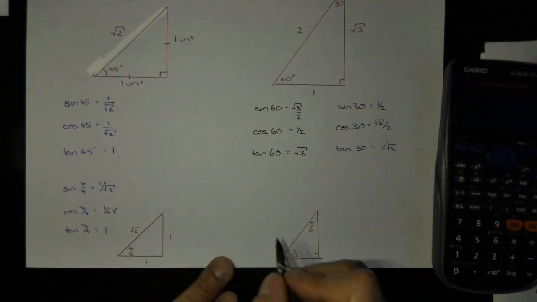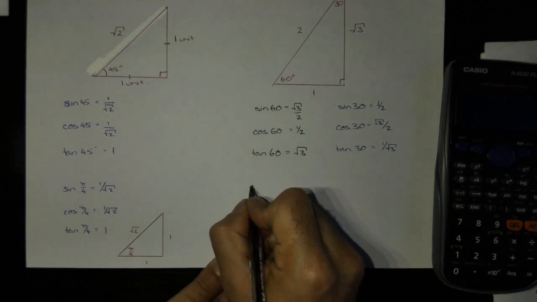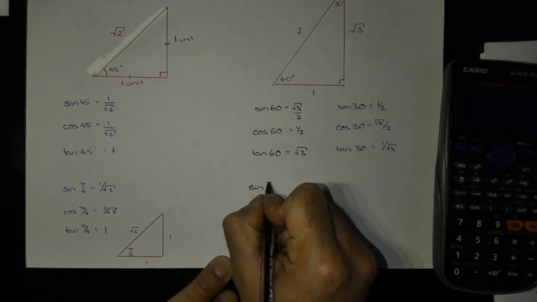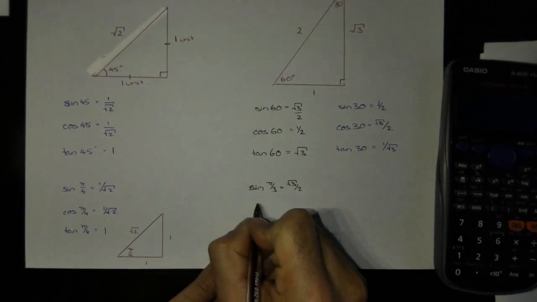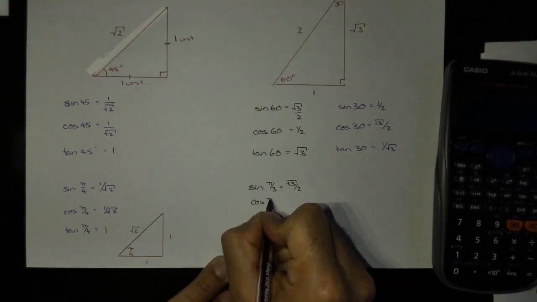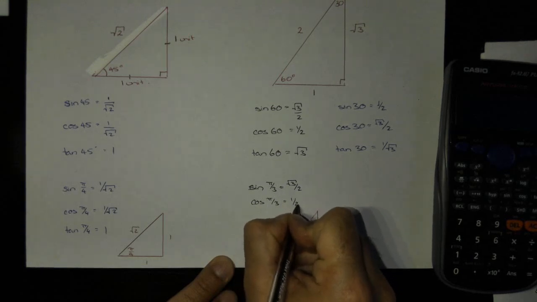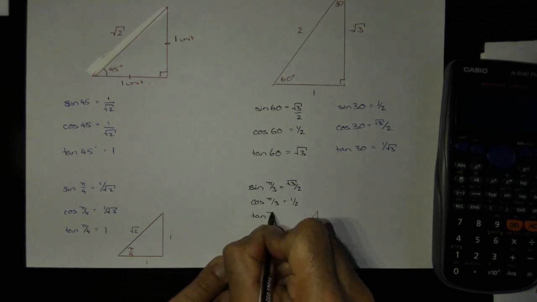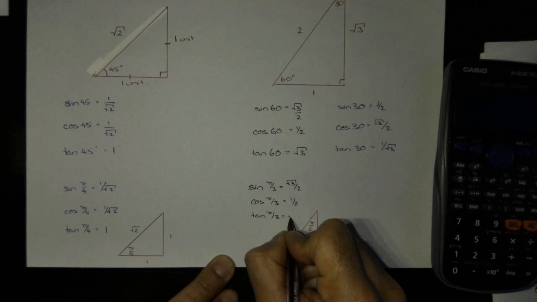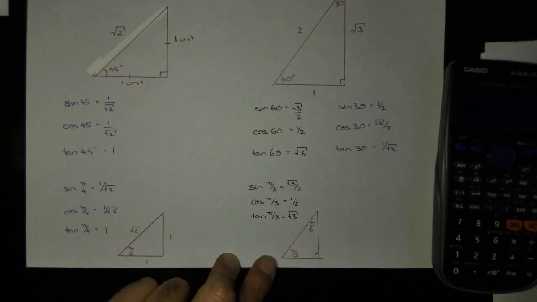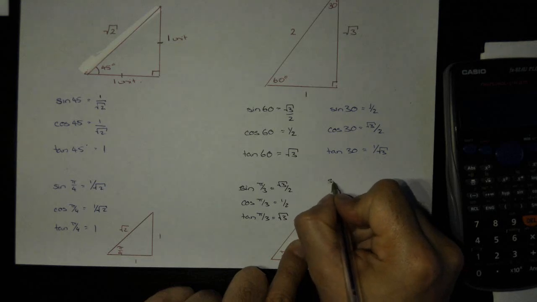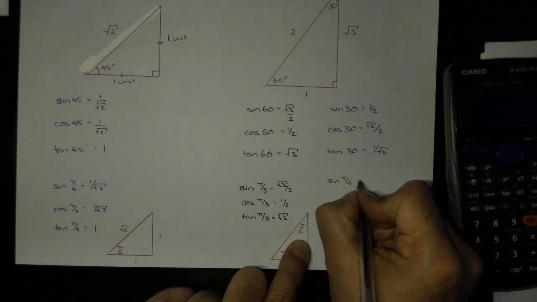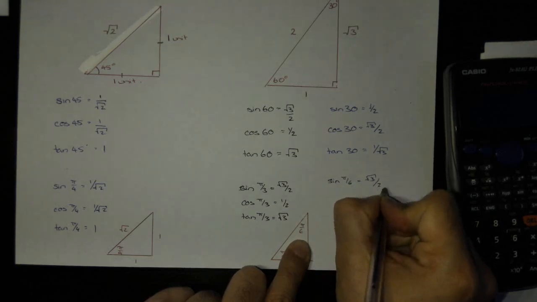60 is pi over 3, so sine pi over 3 is square root 3 over 2. Cos pi over 3 is a half, and tan pi over 3 is square root 3. And 30 is pi over 6, so sine pi over 6 is a half.